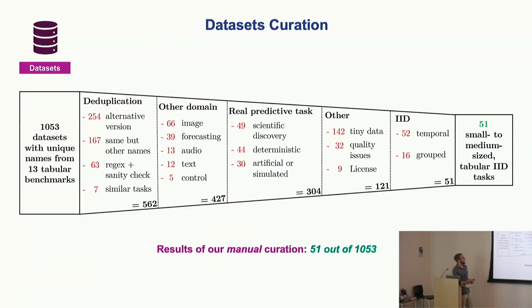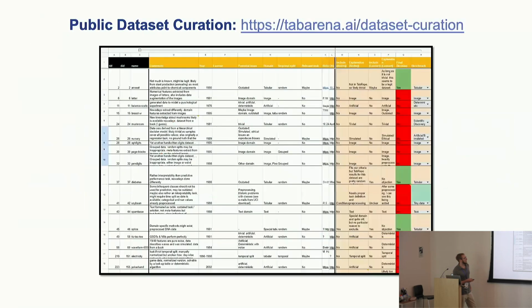For datasets, this was a truly intense effort by Leonard Purucker and Andre, where they manually went through 1,053 datasets from all of the prior benchmarks and manually curated them and looked at whether these datasets made sense. They have this impressive document, and let's see if I can get this video to play.